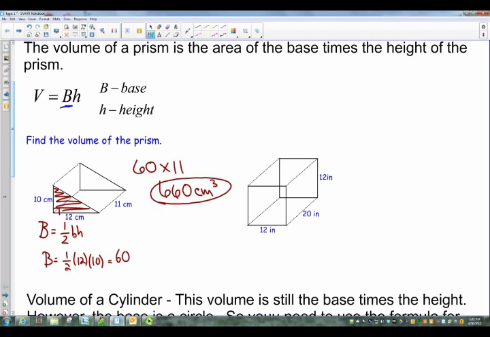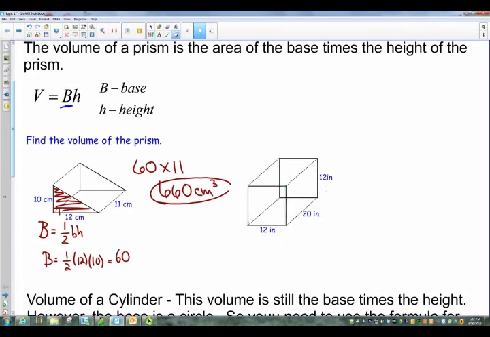Alright, now on this second figure, we've got a rectangular prism. Okay, so the bases appear to be squares, and then you've got a side that goes up. So not quite a cube, but a rectangular prism. Now, what you should notice is this side is 12 and this side is 12. Since those are rectangular prisms, that would tell you that this side here in blue is also 12.